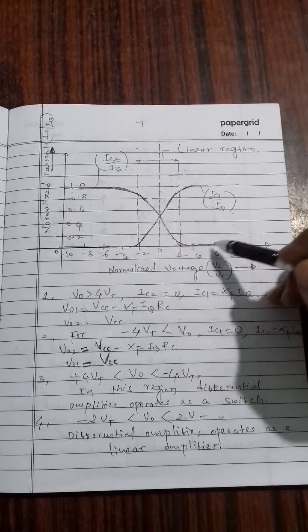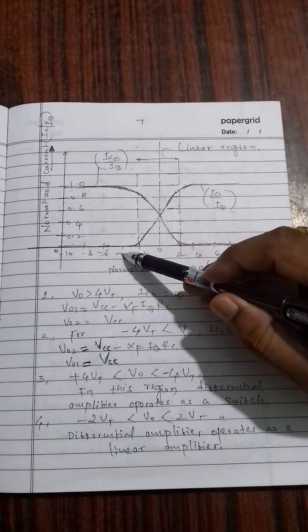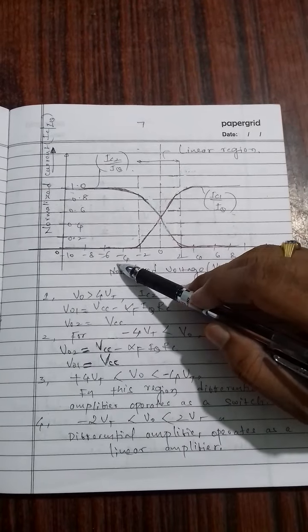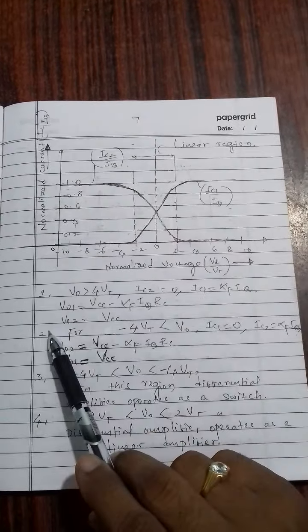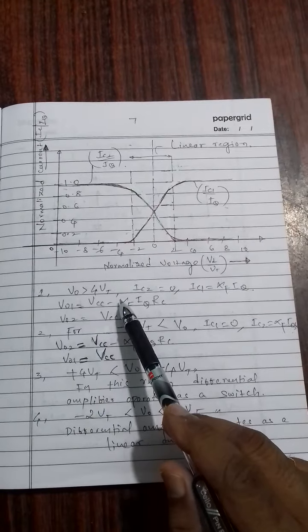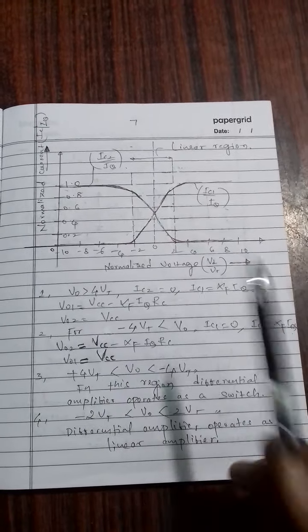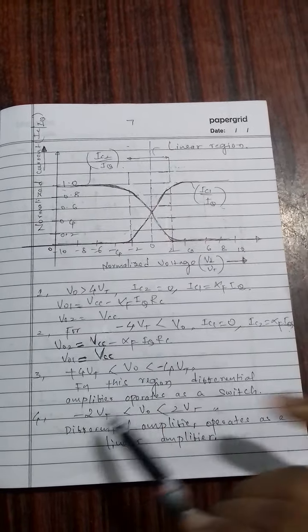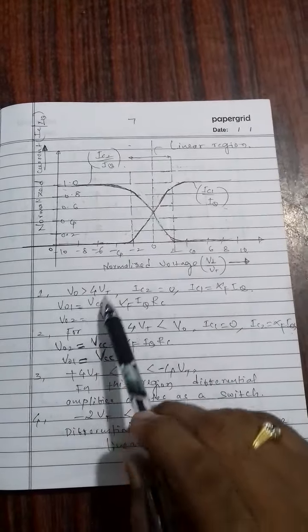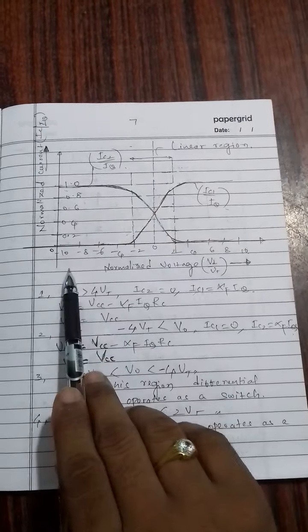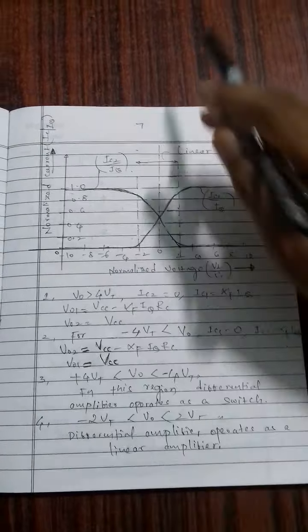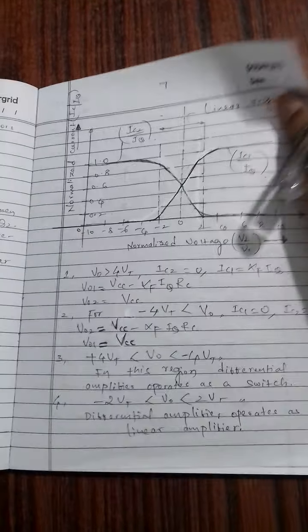Because one transistor is conducting and the other is off, there will not be any applications for voltages above plus 4 and below minus 4.